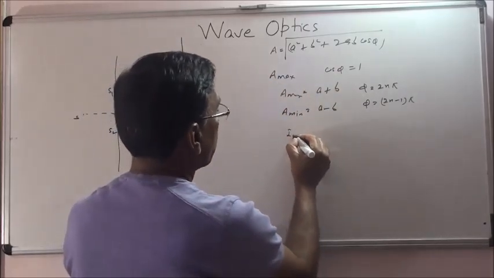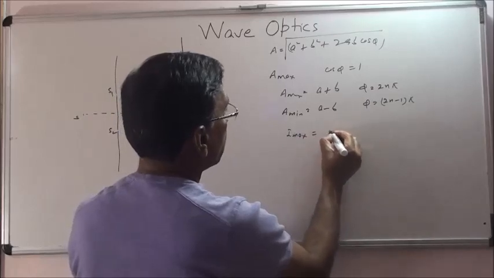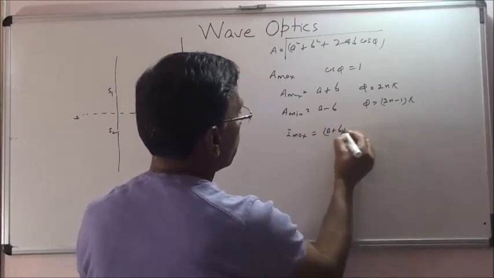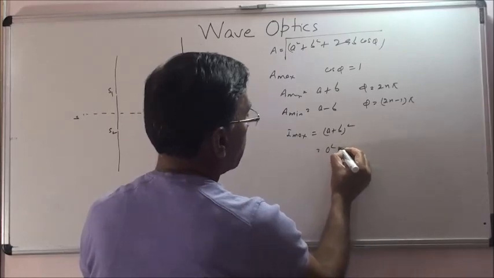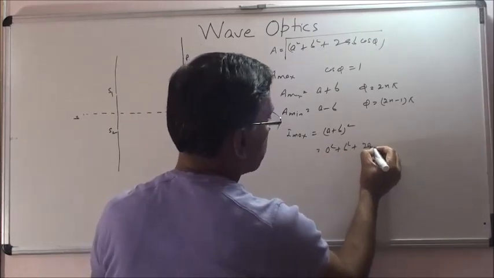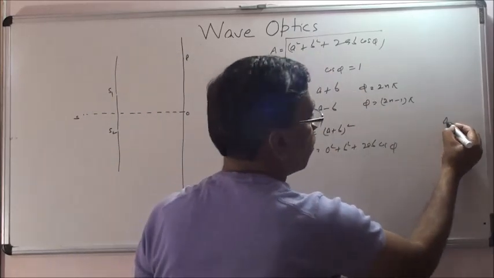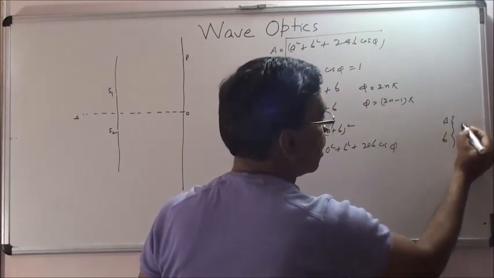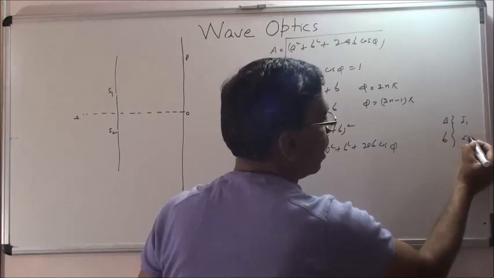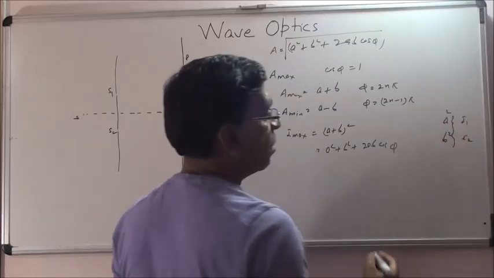And if we talk about intensity, it is a square plus b square plus 2ab cos phi. Now, if a is the amplitude of the first wave and b is the amplitude of the second wave, what will be I1 and I2? a square and b square.